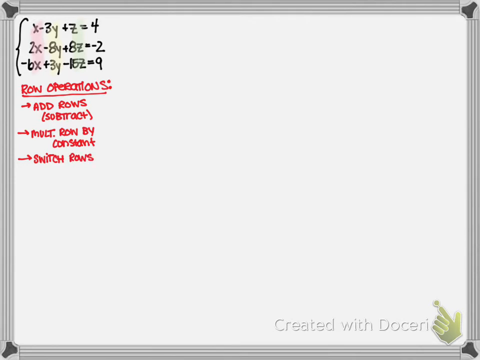Let's say we wanted this equation to be first. We could swap those two rows and that wouldn't cause an issue. So I just want to show a couple, and one main thing that is not allowed. We are not allowed to add or subtract a constant to a row.